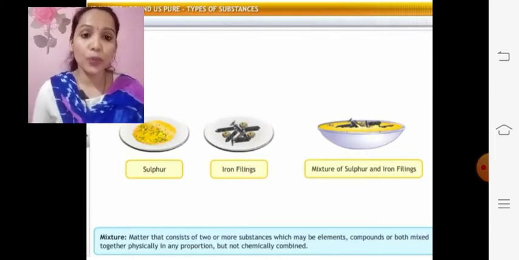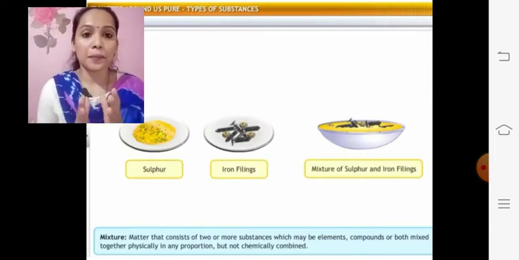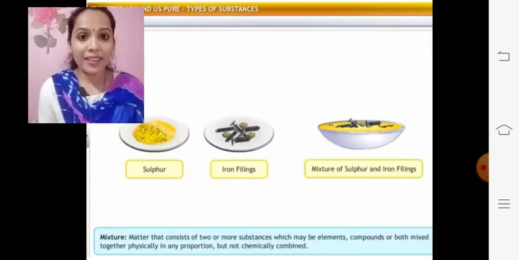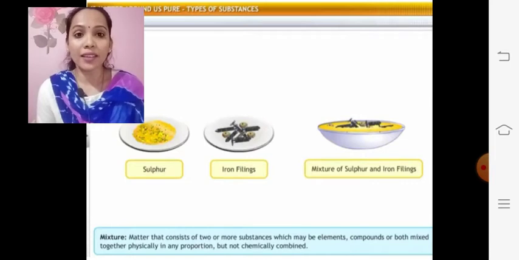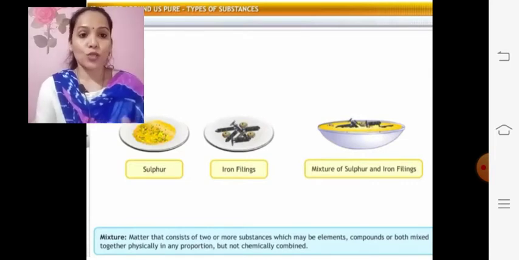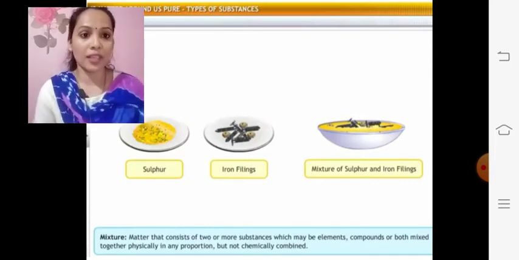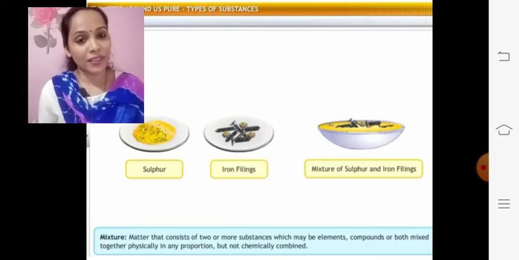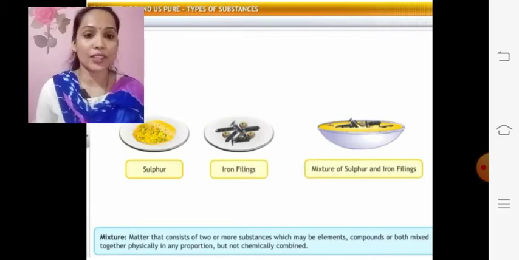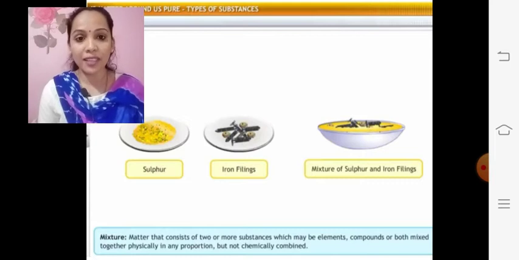On the screen you can see that sulfur powder is kept, and iron filings are kept. These two are elements, so they come under pure substances. When they are mixed with each other, you get a mixture of sulfur powder and iron filings. So, how do we define mixtures here?